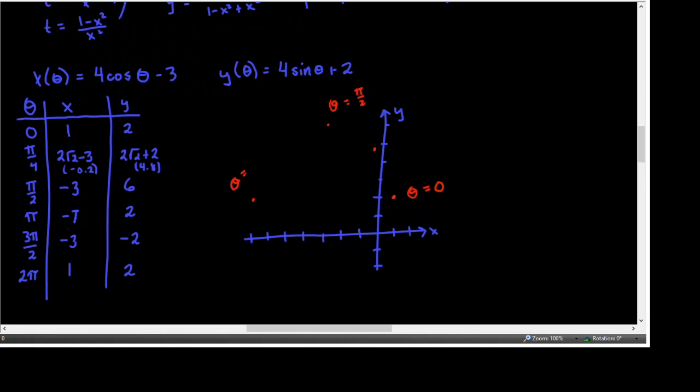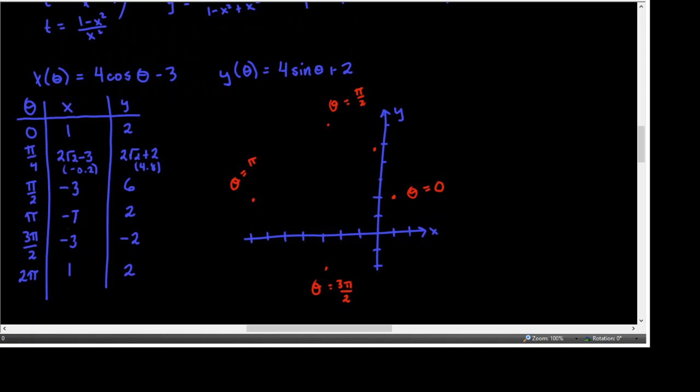That's where we are at theta equals pi. Negative 3, negative 2, and theta is 3 pi over 2. And at 2 pi, we're back to 1, 2.